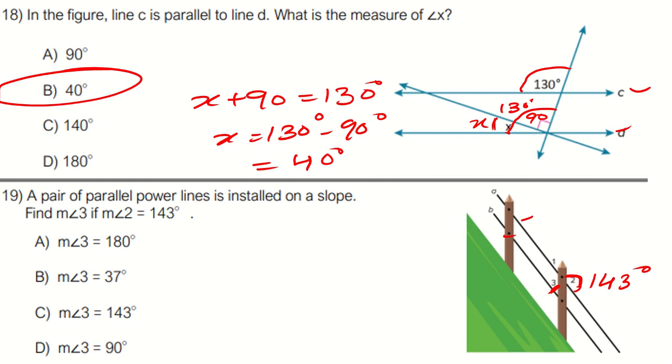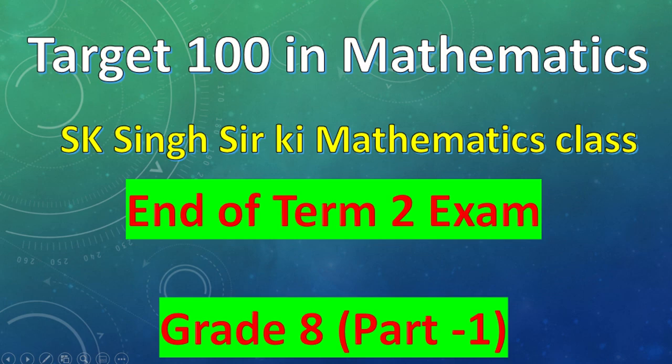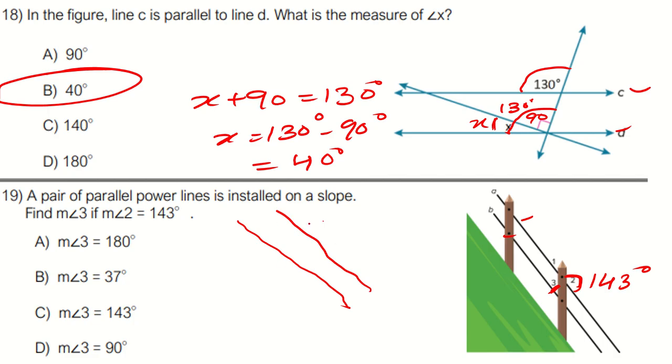Now I'll make the picture a little bigger so that you can understand it. This is a line like this, and I want to draw a vertical line here. This angle is 143 and they say find this angle.